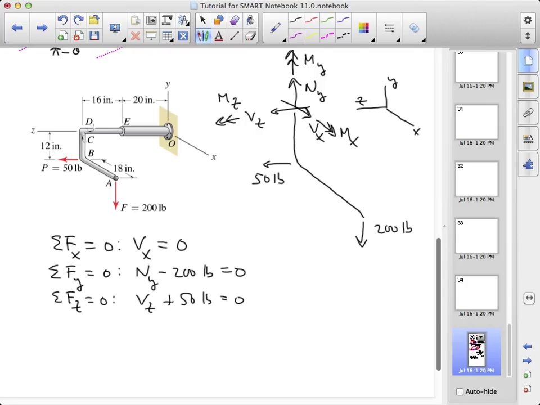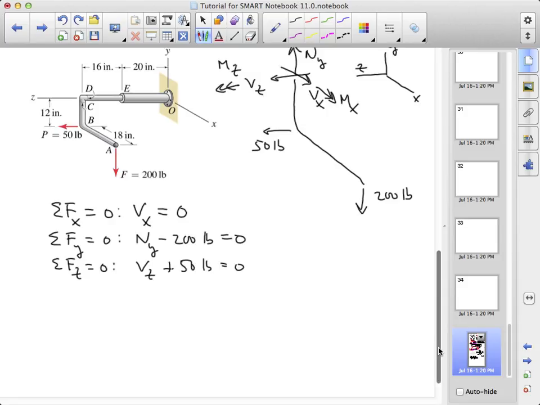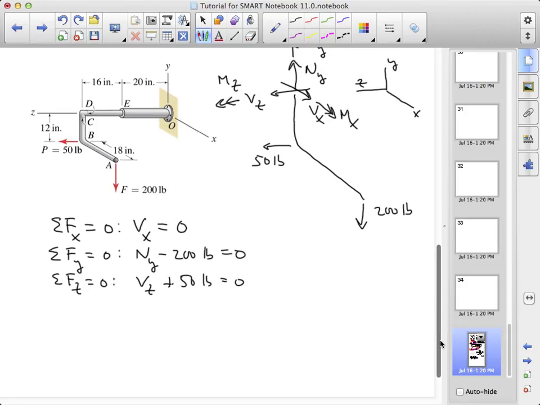For taking moments, I'm going to take moments about C. And we could do this as a scalar approach, but in three-dimensional problems, I always like to use a vector approach. So I'm going to take the sum of the moments about C equals 0.